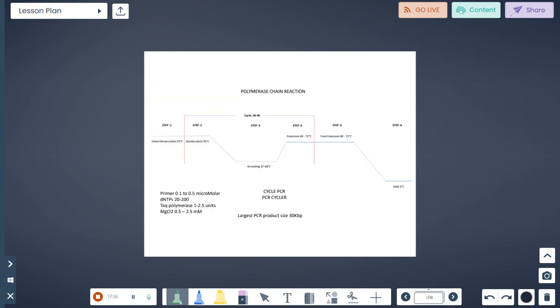So this is what a polymerase chain reaction typically looks like. The first step is the initial denaturation at 95. The template along with the primer, buffer, Taq polymerase, MgCl2, and water is boiled to 95 degrees centigrade.